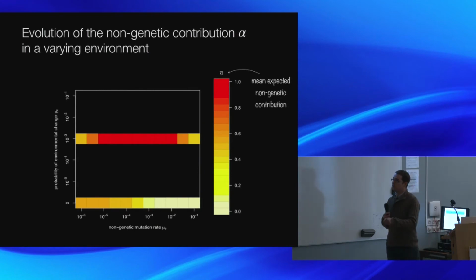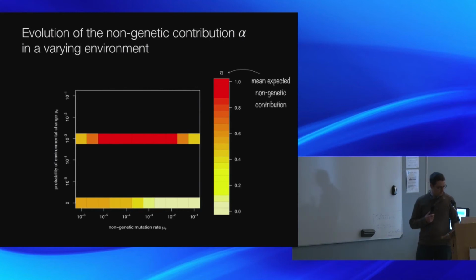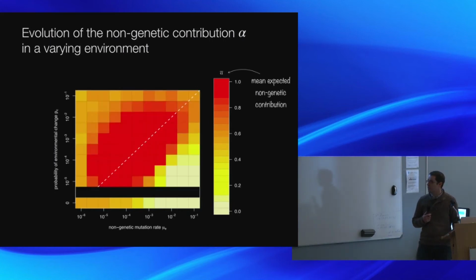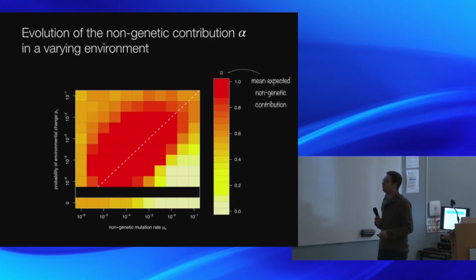And this is exactly the same results but presented in a different manner. So we have the non-genetic mutation rate here. We have the probability of environmental change here. And we see that when the PC equals 10 to the minus 3, we have a large range of non-genetic mutation rates where the contribution of non-genetic medium is highly favored. And we can represent that for all other probabilities of environmental changes.